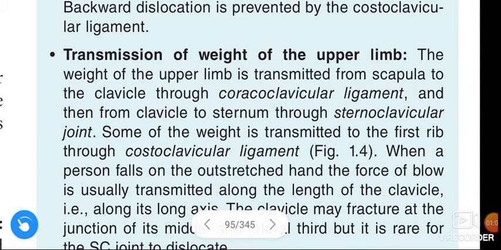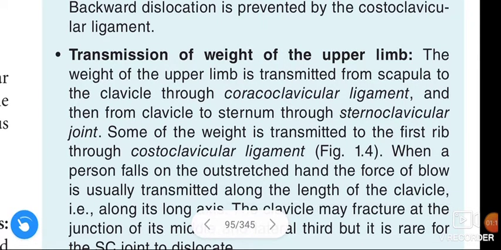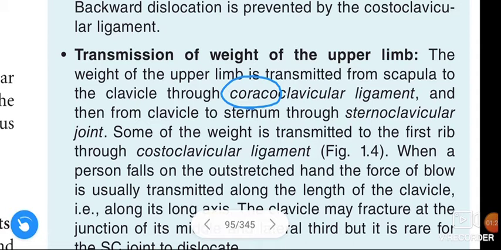See here guys, in transmission of weight of the upper limb, one joint and two ligaments are activated. The joint is the sternoclavicular joint, which connects the clavicle to sternum, and the two ligaments are the coracoclavicular ligament, which is formed by the coracoid process of scapula and clavicle and connects the scapula to clavicle.